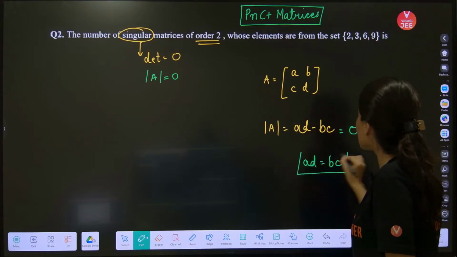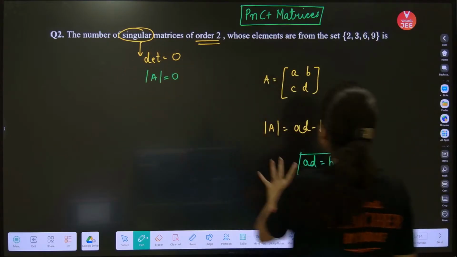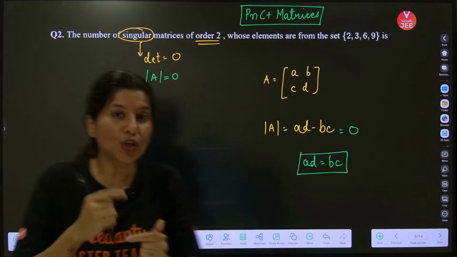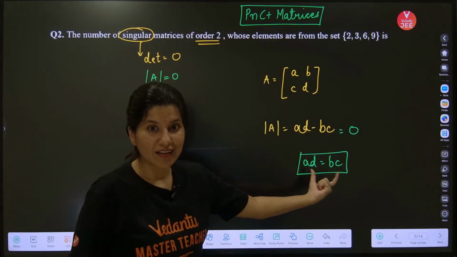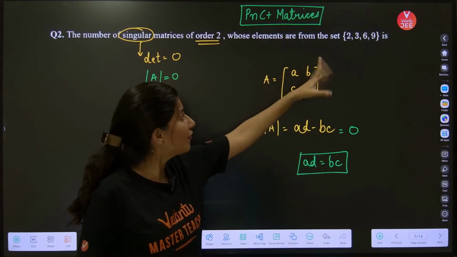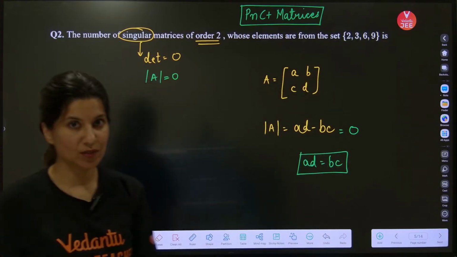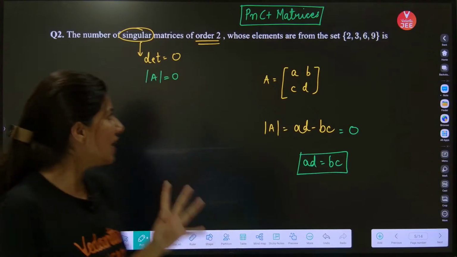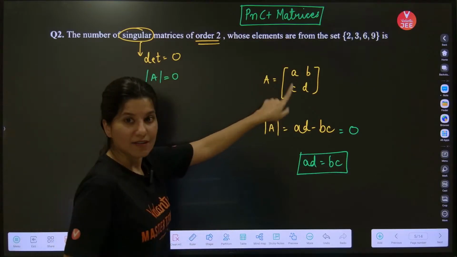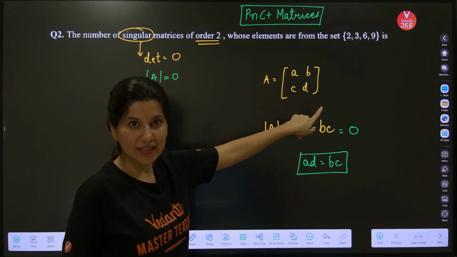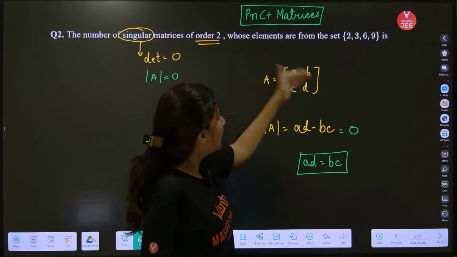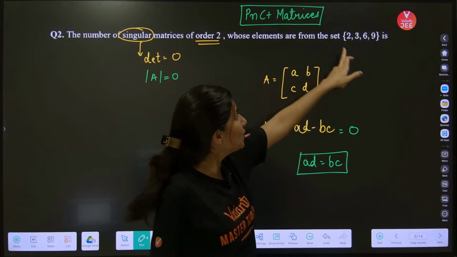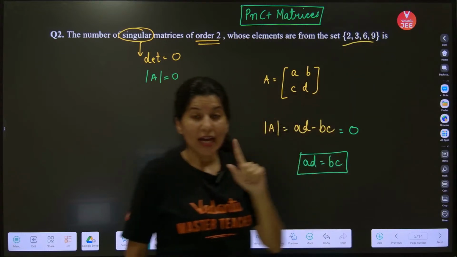This is the condition. The number of singular matrices, that means the number of 2 cross 2 matrices satisfying this condition, whose elements are from this particular set. Now think about it. We have 4 elements a, b, c, d, and they can take values from this particular set.